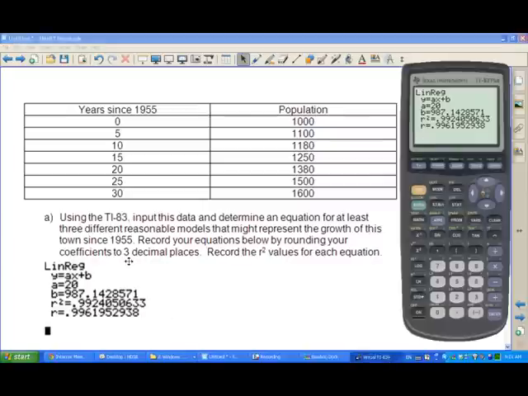So I'll record that information so I can refer to it later, and I'm going to perform another regression. This time I'll pick a quadratic regression. Again, I can see my three coefficients and my R-squared value. This one's a little bit better than the linear regression. This is 996 for the R-squared value.